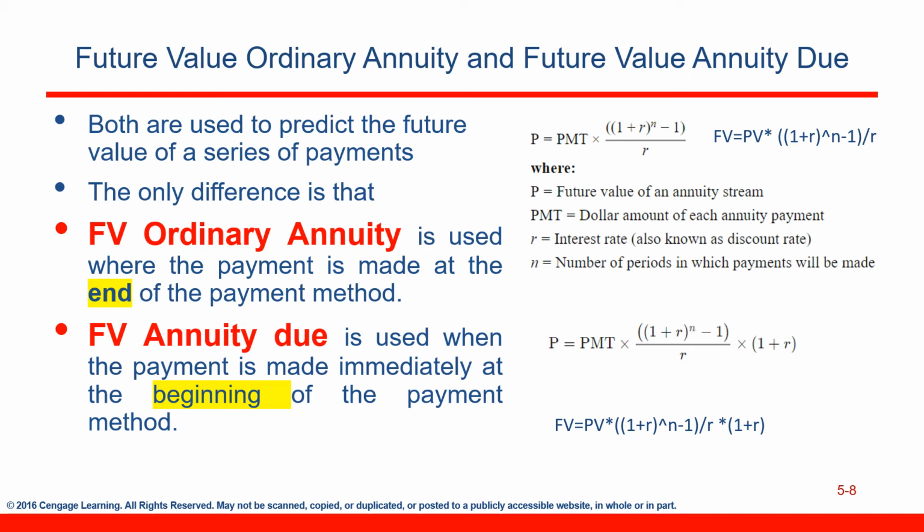We have year 0, year 1. If you deposit in year 0, you use the future value annuity due. But if you deposit in year 1, at the end, you use the future value ordinary annuity.